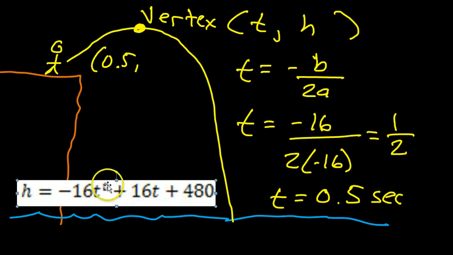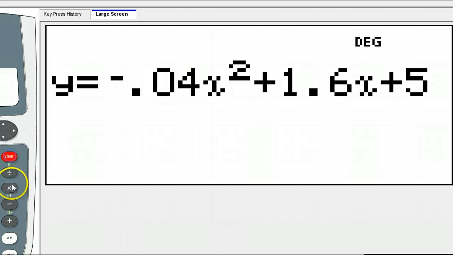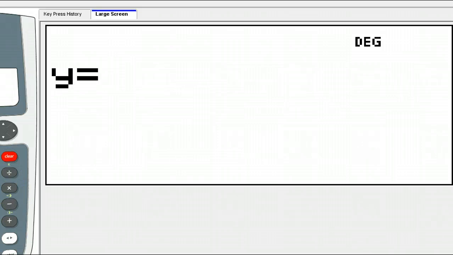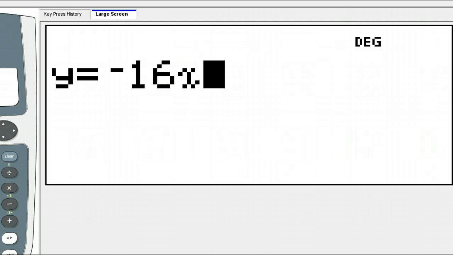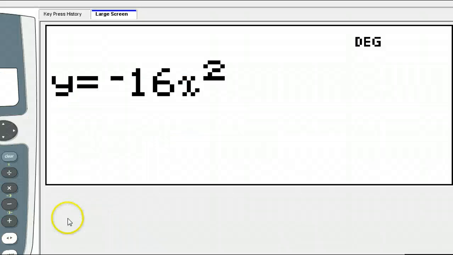Is that t to the t power? That really should have been a 2. Just pretend that's 2. So anyway, table function. What was it? Negative 16t squared. My memory is horrible. Plus 16t plus 480.